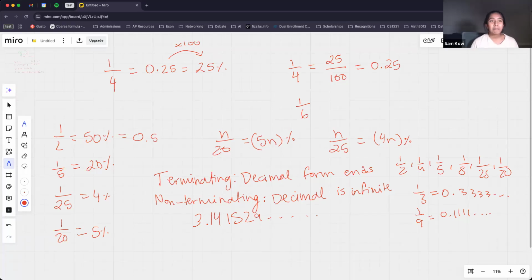For example, 8 is not a factor of 100, but it's still terminating. That's because 8 can be expressed as 2 to the power of 3. So any number that is expressed in terms of powers of 2 and powers of 5, or some combination of them, is terminating. However, if you have a factor of 3 or 7 or something, then it's non-terminating. So hopefully that makes a little bit more sense.